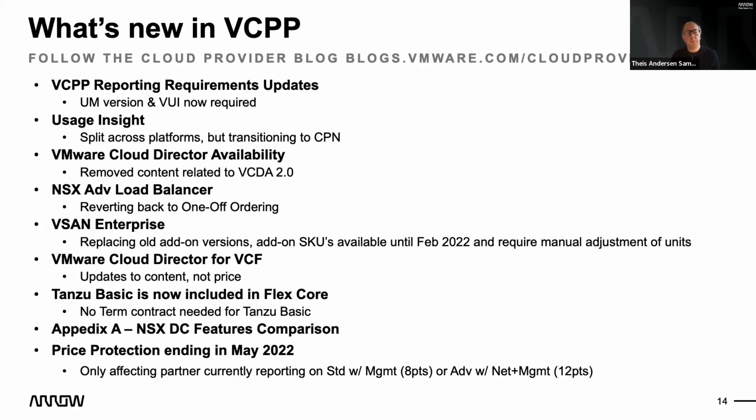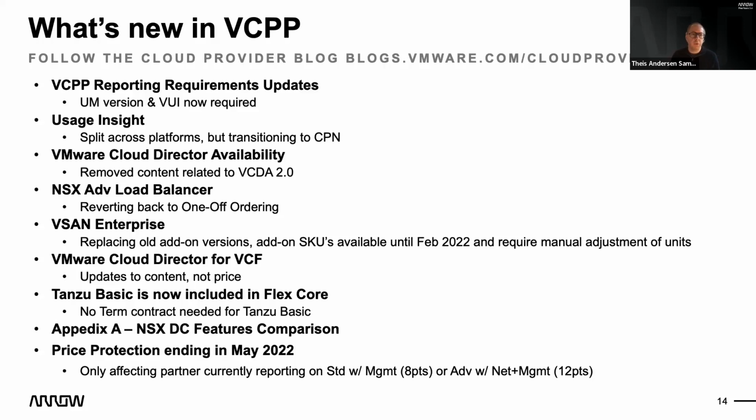Updates in the program usage guide for NSX Data Center. So just for future comparison, there are some changes there. So that's been updated. And then just a general reminder, if you were reporting on the old bundles, so the bundle called standard with management or advanced with network and management, then you were under price protection.